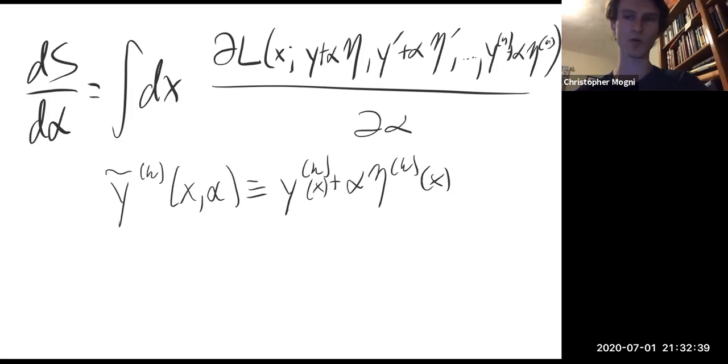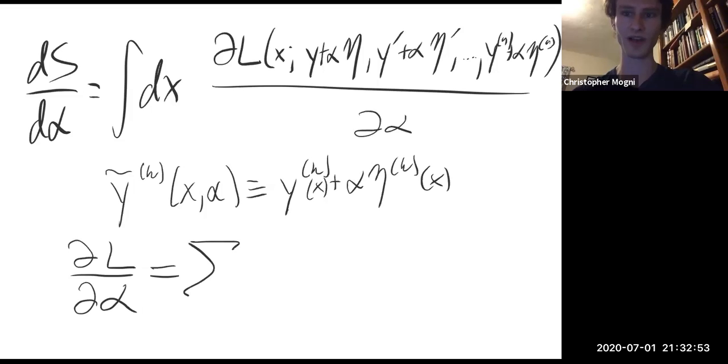Why is this important? Well, if I want to look at all the different partial derivatives, they go into like a chain rule here. So if I take partial L, partial alpha, this is going to be equal to the following quantity. The book says that in order to get this to be written in terms of derivatives with respect to y and derivatives with respect to y prime for the normal case, you need to use chain rule. What it doesn't tell you is you actually kind of need to use chain rule twice.